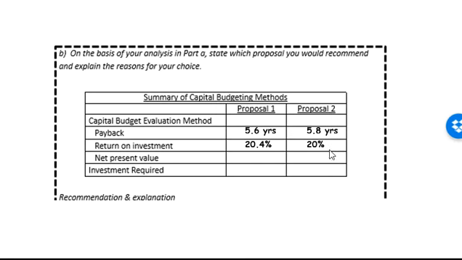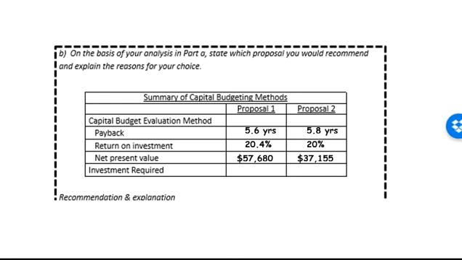Now when we take a look at net present value, the net present value of proposal number 1 is $57,680, which is the present value of our cash inflows minus the amount of our investment outflows on the first day of the first year of the investment.